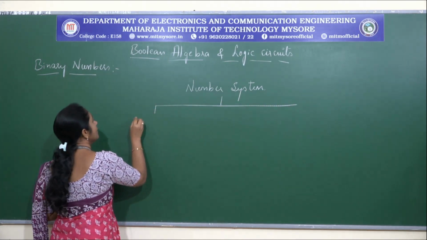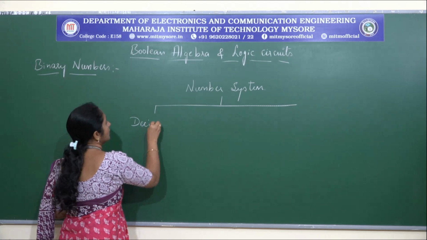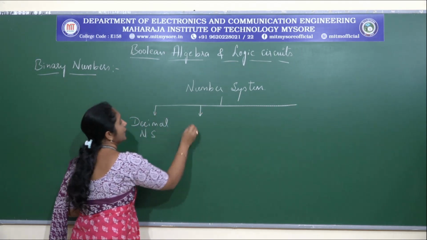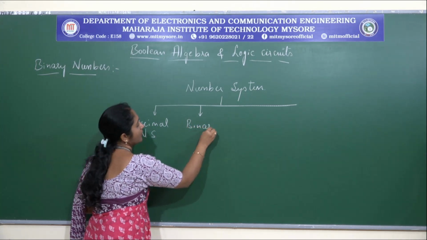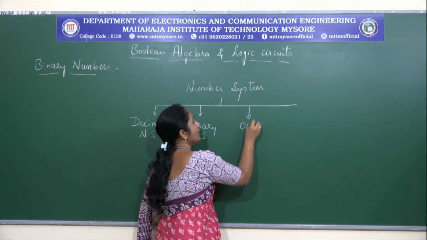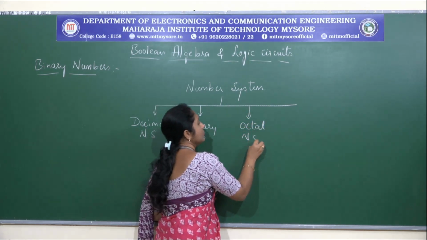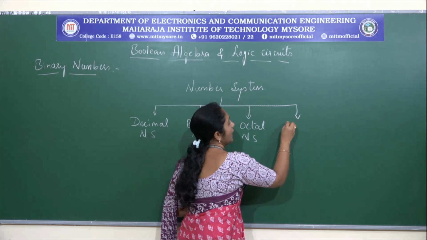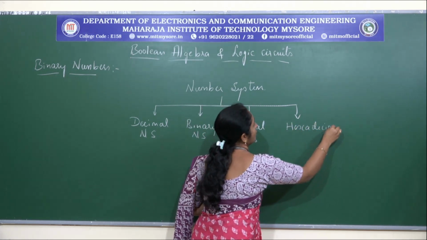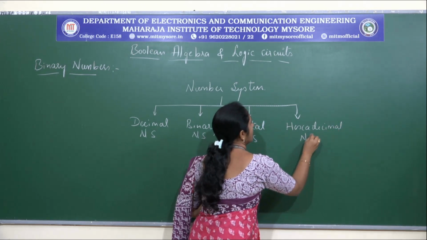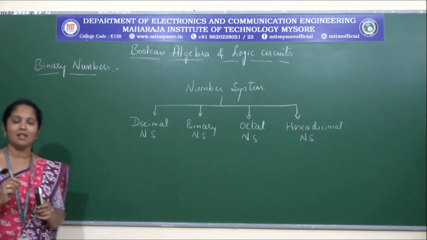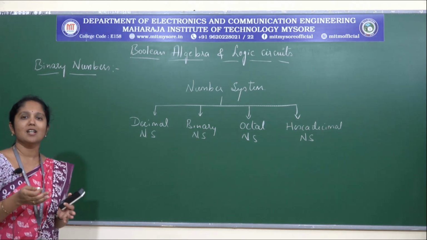In this we have the decimal number system, then the binary number system, next the octal number system, and at last the hexadecimal number system. These are the 4 number systems we usually use in digital logic or digital language.